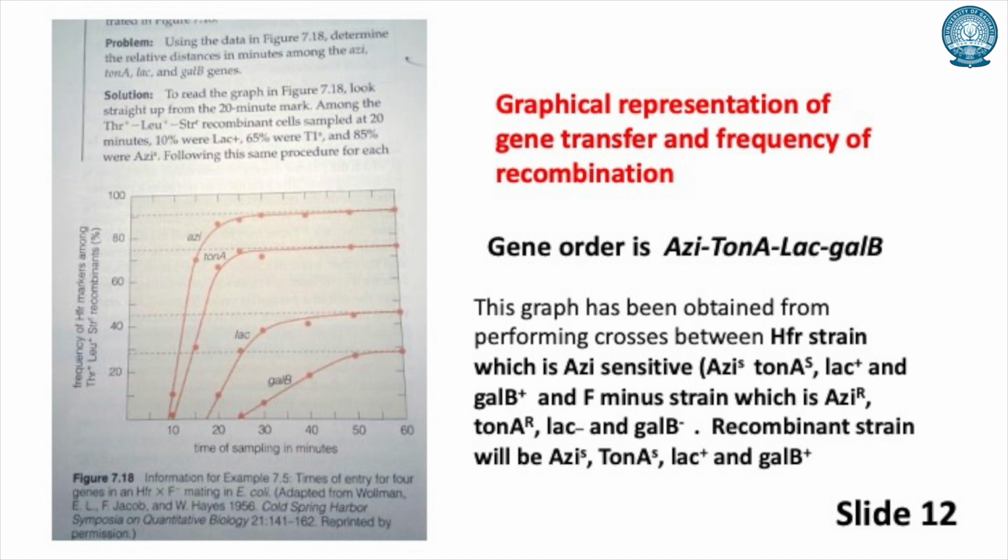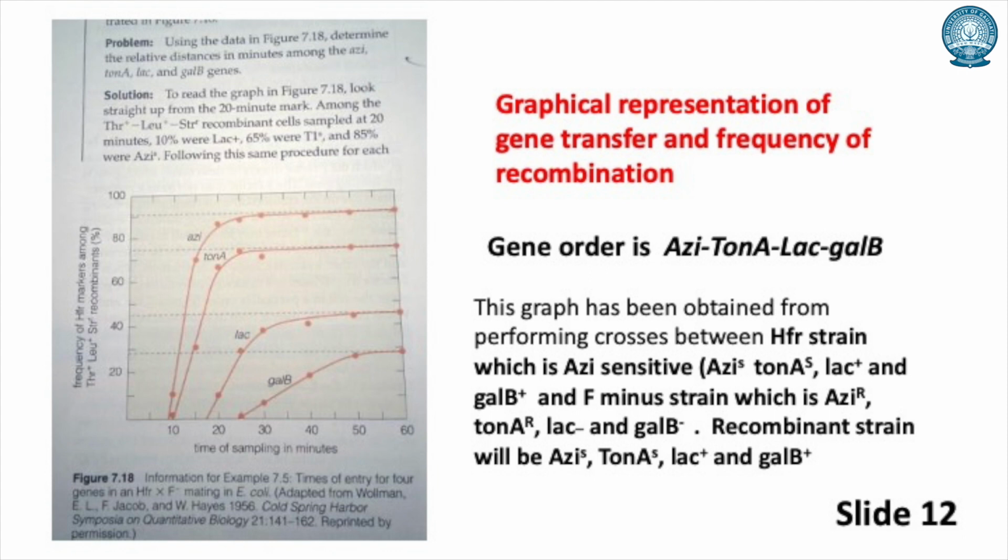If you see the point of 20 minutes, the azi sensitive gene has a high frequency of recombination, that is 85%. Then you have TON A which is 65% and LAC which is 10% recombination, and GAL B has no recombination frequency at this 20 minutes time.